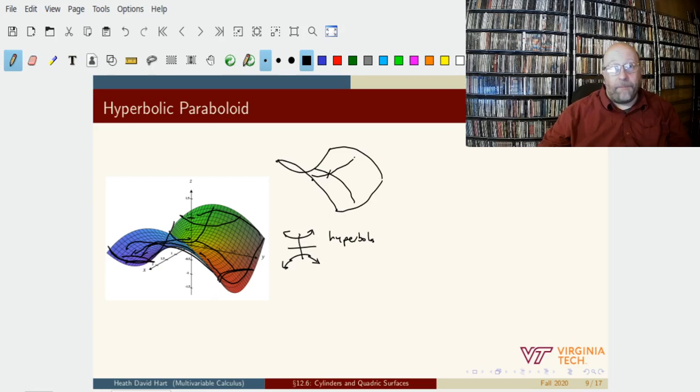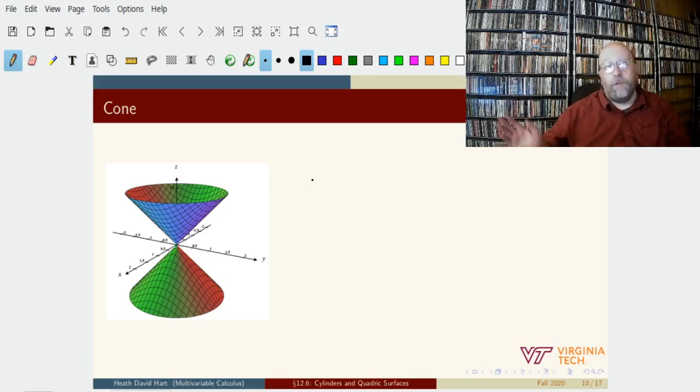The next shape doesn't fit our naming terms. We've talked about ellipsoids and paraboloids. This was a cone. Some people call it a double cone because there's the upward part and the downward part. Our book just calls this a cone. It has a z squared in the equation.